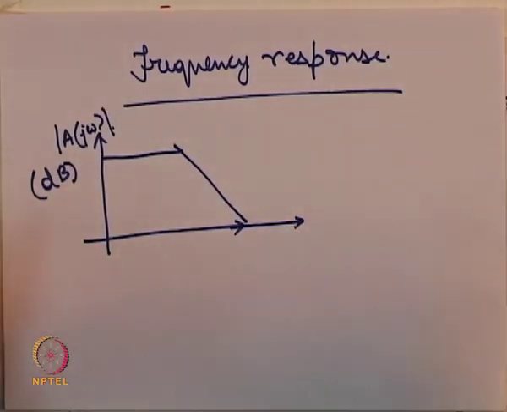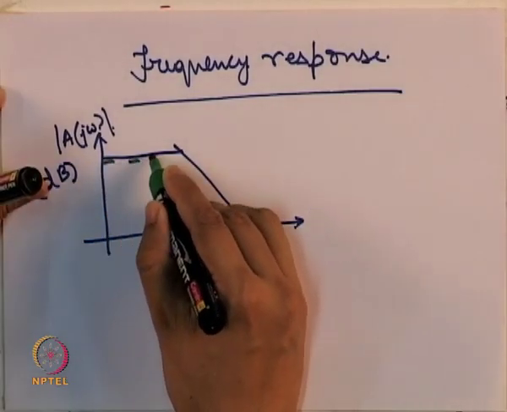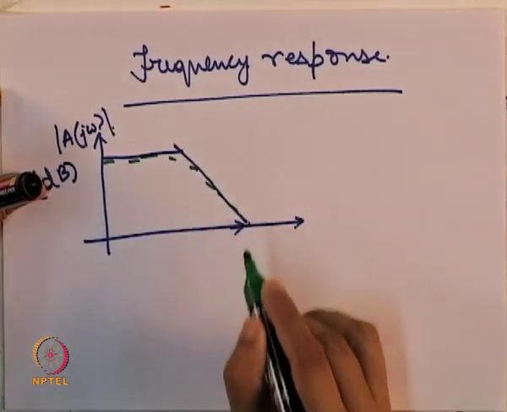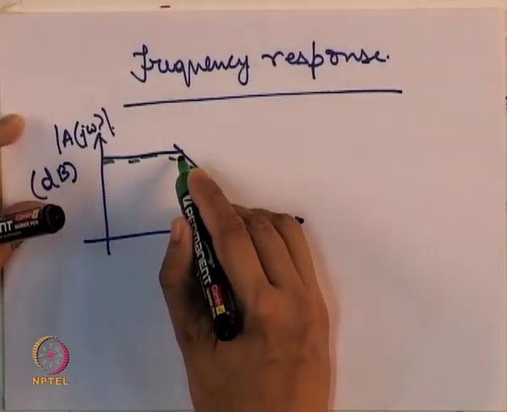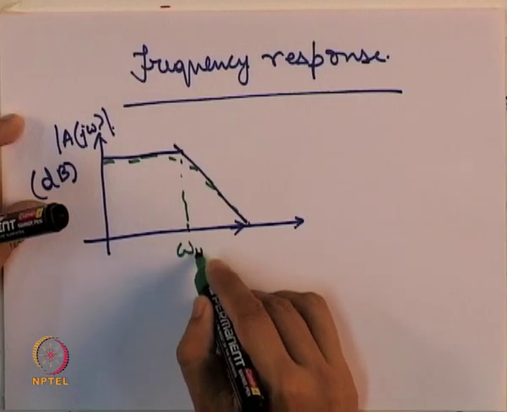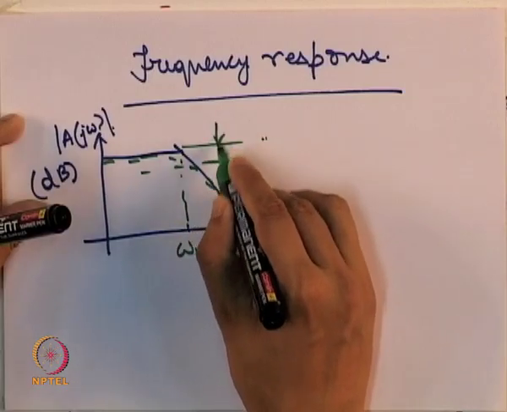So, these are the asymptotes, and the overall curve will be something like this, with of course one frequency omega H, where the magnitude falls by 3 dB.